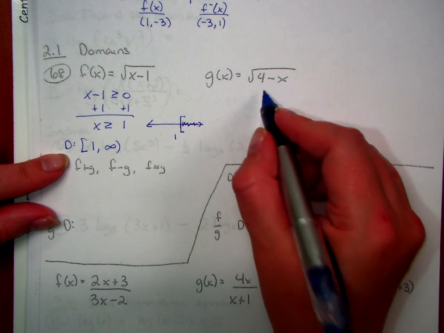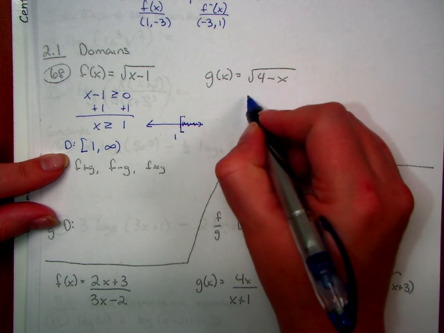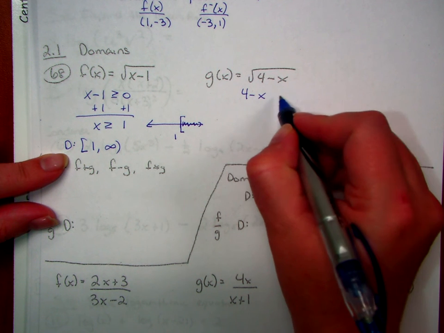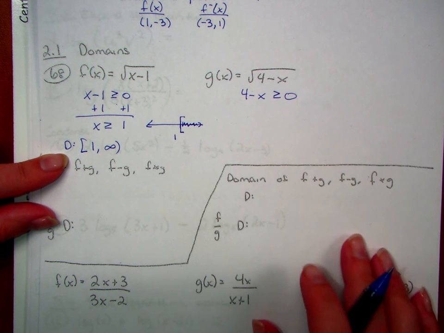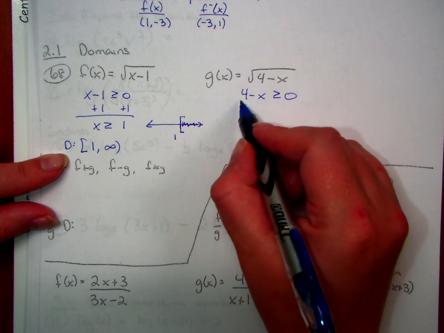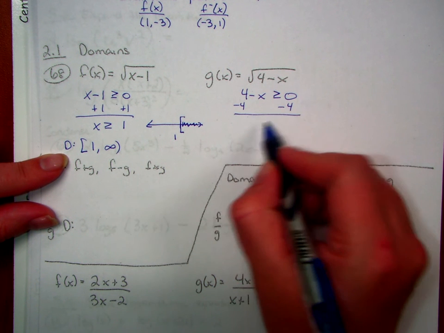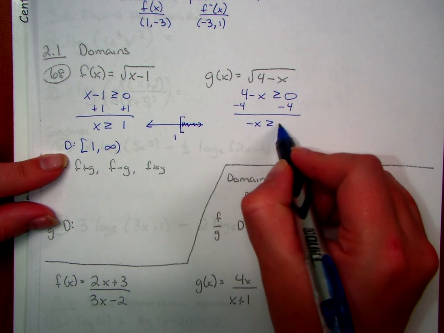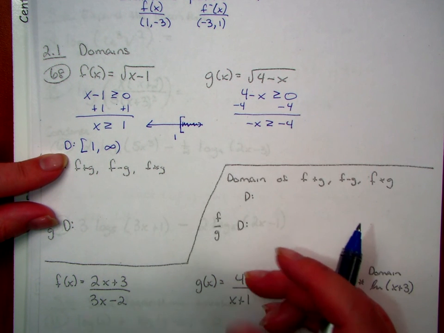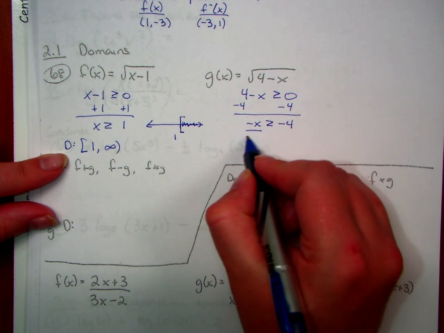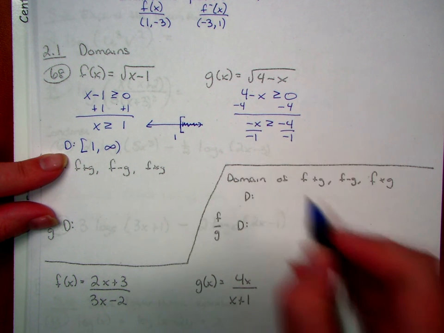If I do the same thing here, I take the radicand out and set it greater than or equal to 0. I'll move the 4 to keep the x on the left. I get negative x is greater than or equal to negative 4, and then divide both sides by negative 1.